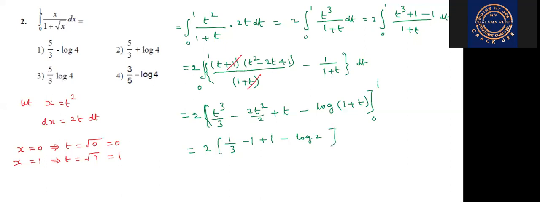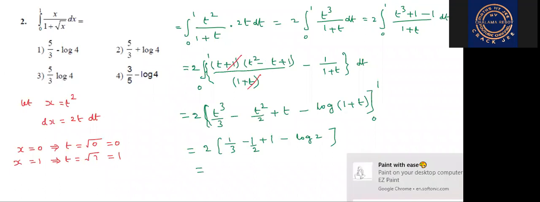Here students observe. Have we made any mistake? Yes. The a cube plus b cube formula is a plus b into a square minus ab, not minus 2ab. There is a mistake. Okay. Here we get 1 by 2.